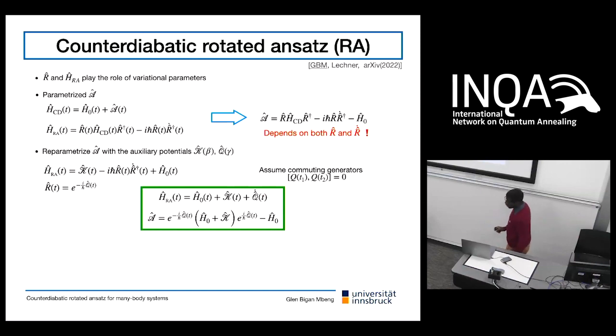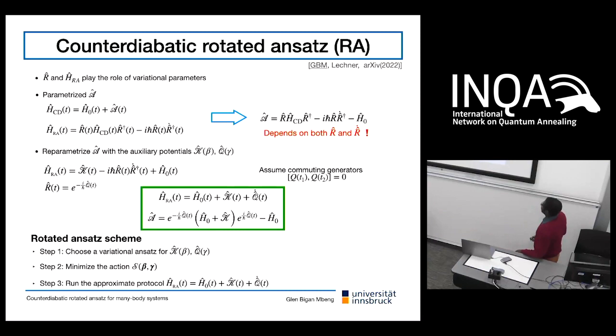If we do this, then we finally get to this result, where the Hamiltonian we have to apply to drive the system is the initial Hamiltonian plus K plus the derivative of Q. And the operator we have to optimize, the potential we have to optimize within the Polkovnikov and Sels approach, is this one here.